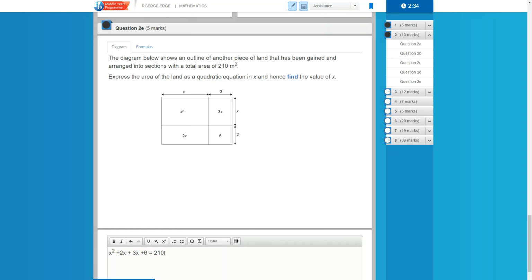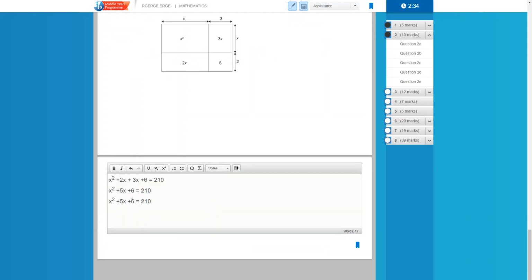You get 2 marks for that. So tidying it up, 2x plus 3x is 5x. Then you get a mark for making it equal 0. Subtract 210 from both sides, and I get x squared plus 5x minus 204 equals 0.